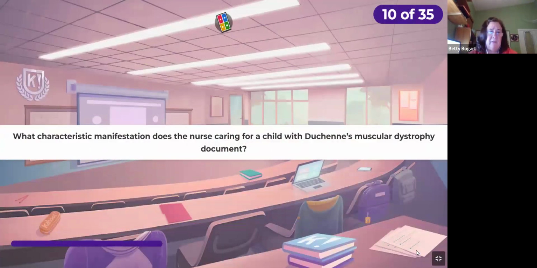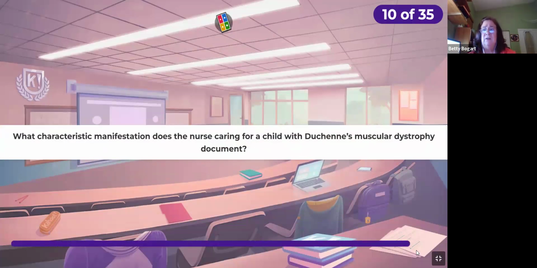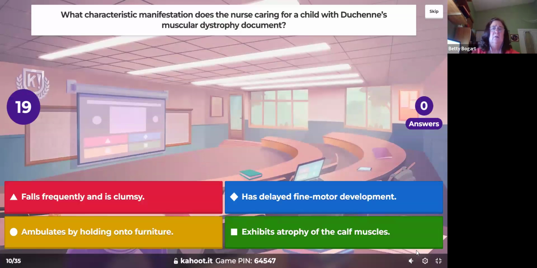What characteristic manifestation does a nurse caring for a child with Duchenne muscular dystrophy document? Well, what is Duchenne muscular dystrophy? And what would we start to see in these children?